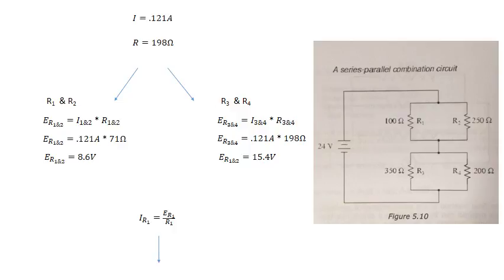The second leg will be ER3 and 4 equals I R3 and 4 times R3 and 4. So ER3 and 4 equals 0.121 times 127 ohms, which equals 15.4 volts.